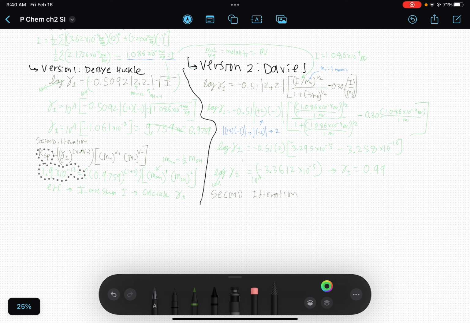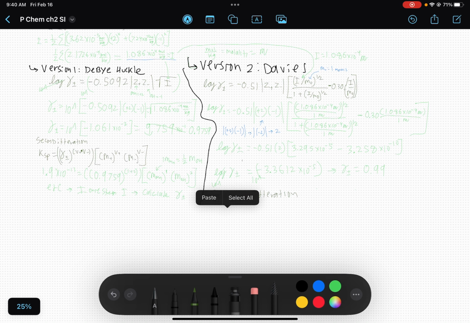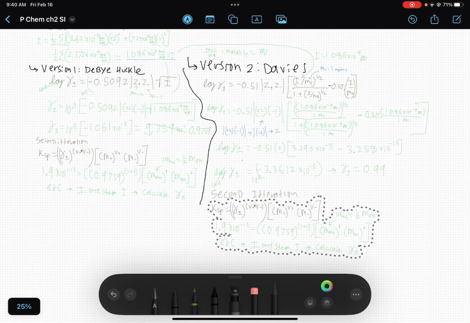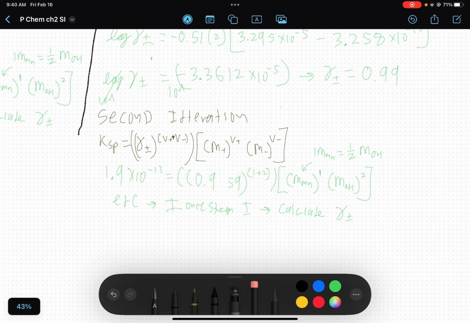Actually, I can probably copy most of that. With the only change being we found a different gamma this time. So this one comes into there, 0.99.